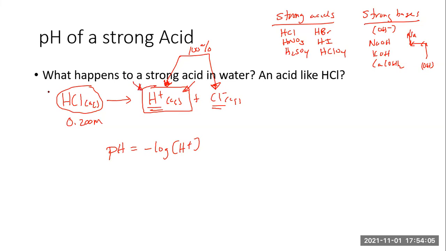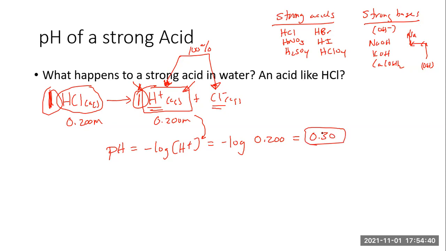And because it's a 1-to-1 relationship between those two, the concentration of the H plus would also be 0.2 molar, which is all we need to get to the pH. Now we can put that in there, and this is minus the log of 0.2 molar. And if we put that into our calculator, we will end up with a pH of 0.30, which is definitely acidic.